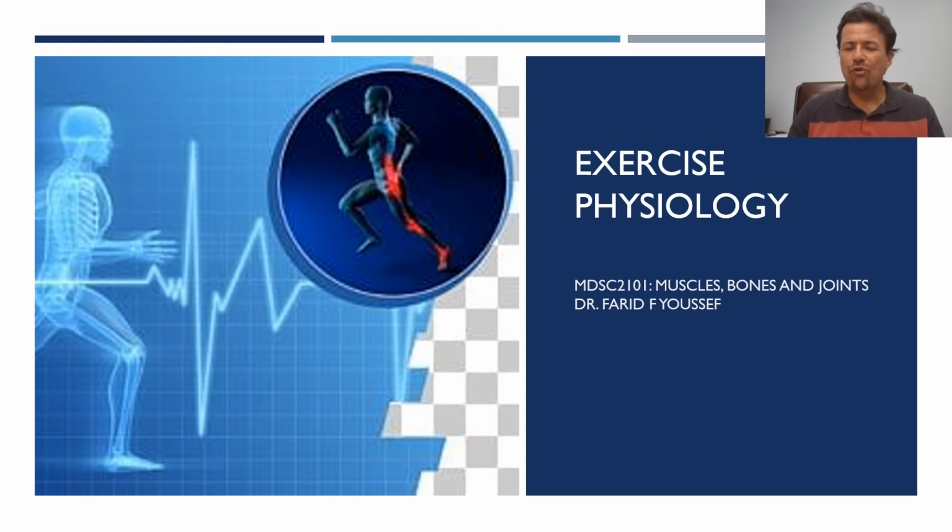We've primarily focused on the changes that actually take place acutely during exercise, but we did mention some of the chronic changes. And it's important that you do some more research and you go and understand what are the chronic changes in your body in response to exercise. Hope you found this useful, and I hope you enjoyed our lecture today.